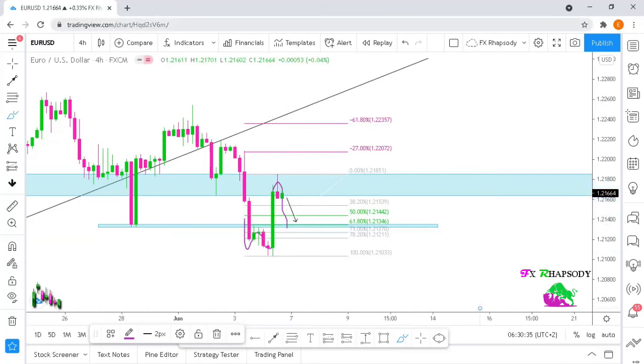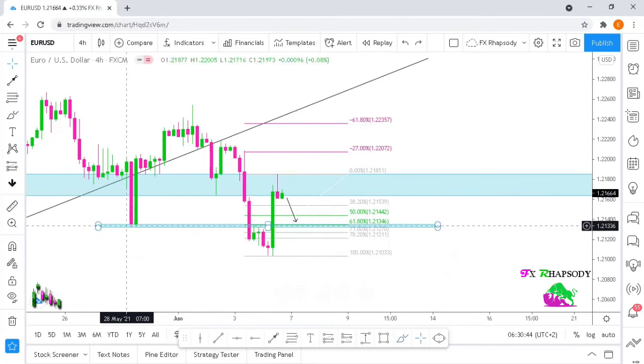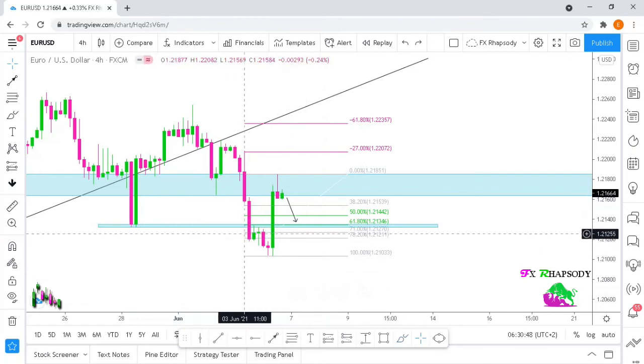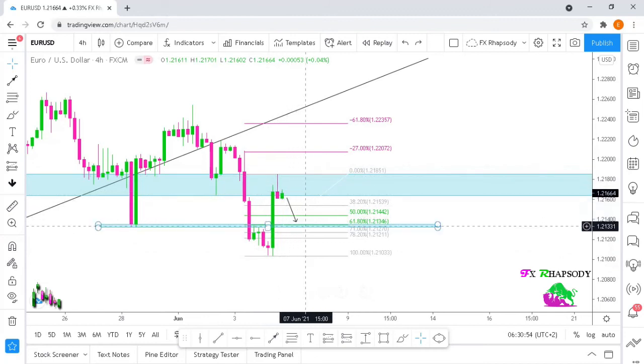So guys, there are lots of confirmations when it comes to this pair, and especially this time now. So we can see on the left the support area. We can see this support area was a bit of resistance before it broke out, and now we're expecting price to come back to this area.